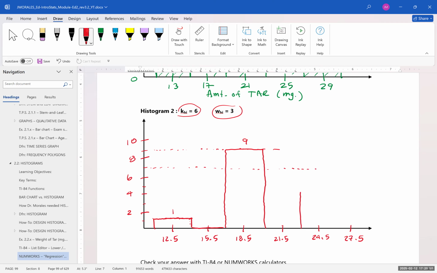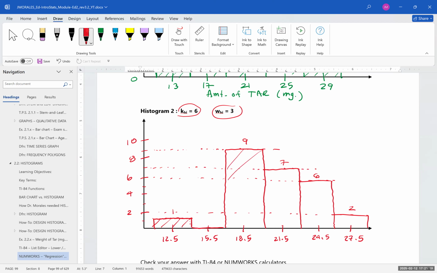And I'll come up between those two midpoints, come over. That has a frequency of 7. Class 5 has a frequency of 6. Come up between these two midpoints. There we go. And then the last class has a frequency of 2. So I'm going to come across, come over, and that is a frequency of 2.